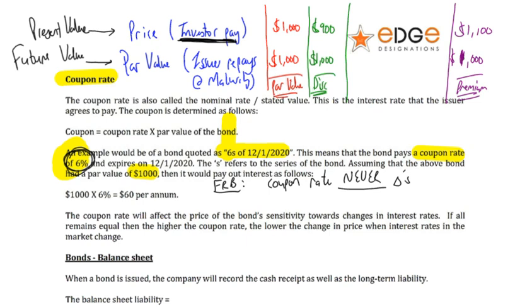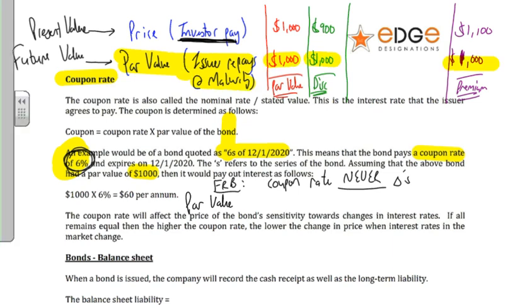Important point number 2 is how much does the issuer pay the investor, let's say on an annual basis. It's always going to be par value, in other words, the amount that gets repaid at maturity, the $1,000 in my case over there, multiplied by the coupon rate.